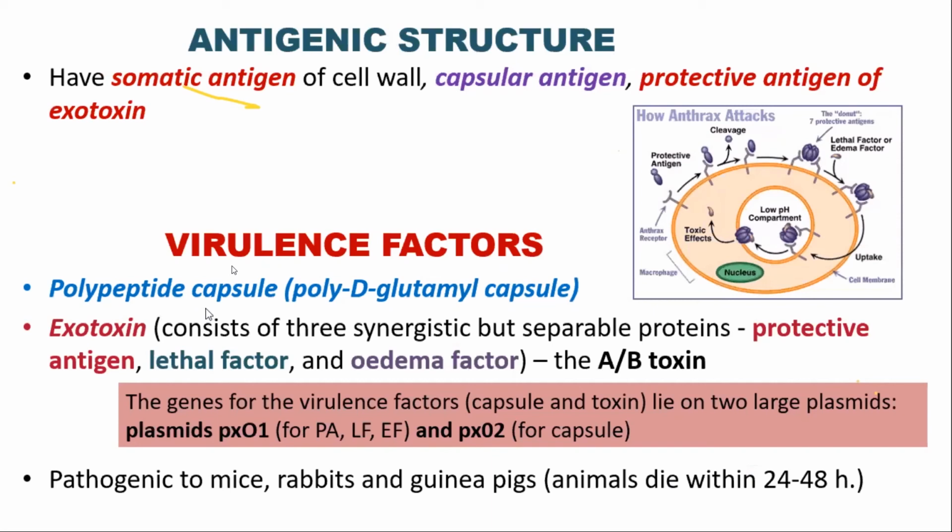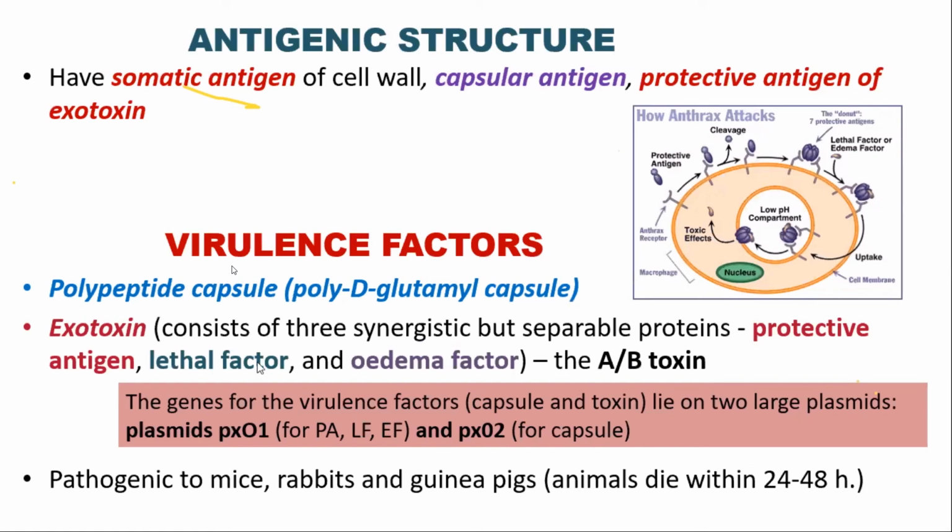Virulence factors include not many: a polypeptide capsule that protects from phagocytosis, and exotoxin that consists of 3 parts: protective antigen mentioned above, lethal factor, and edema factor.